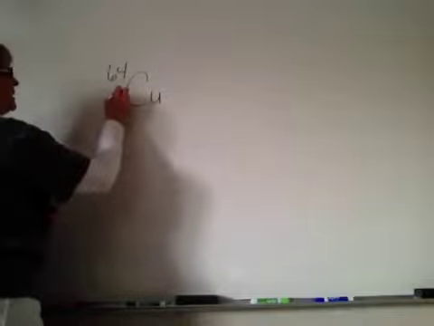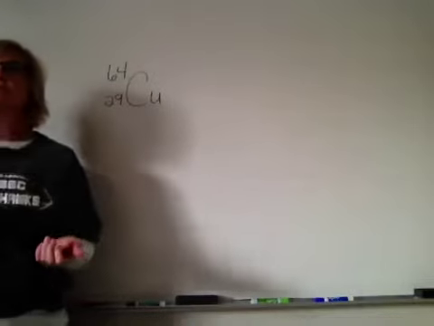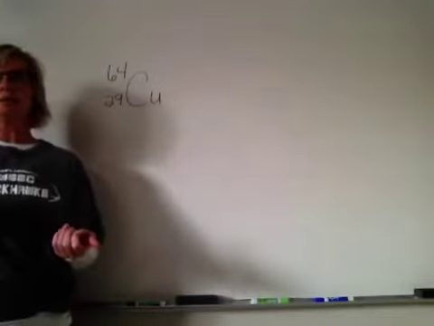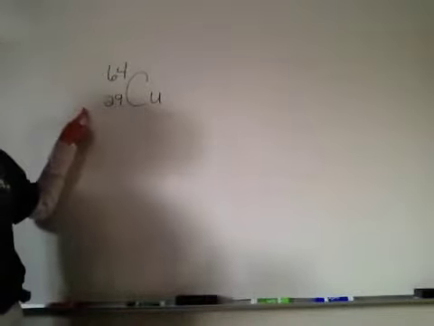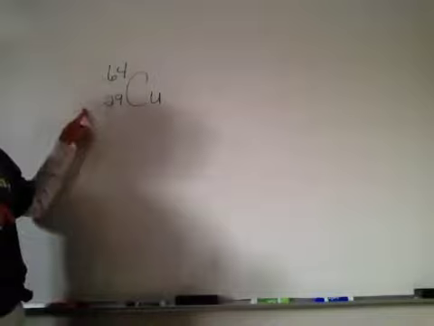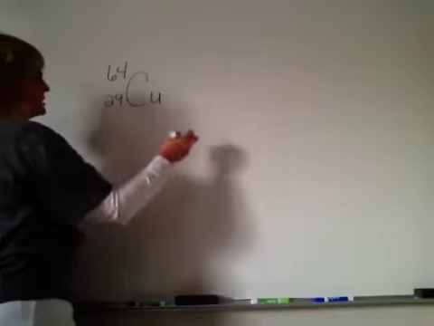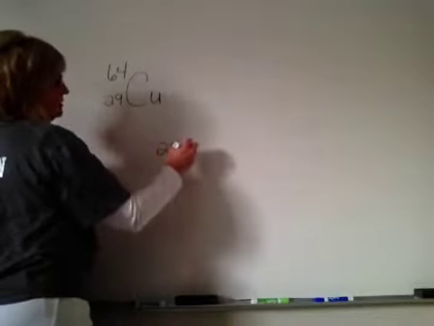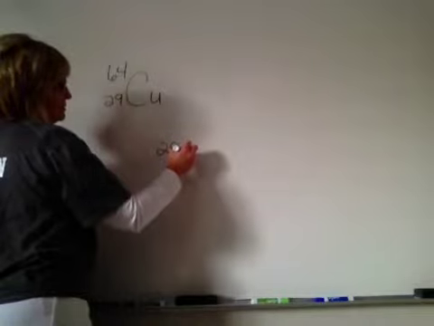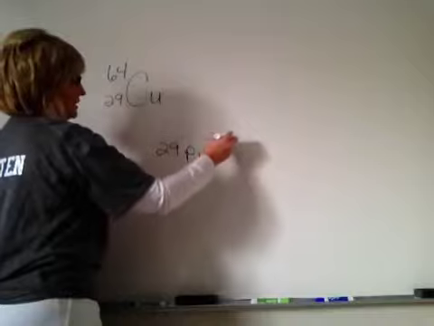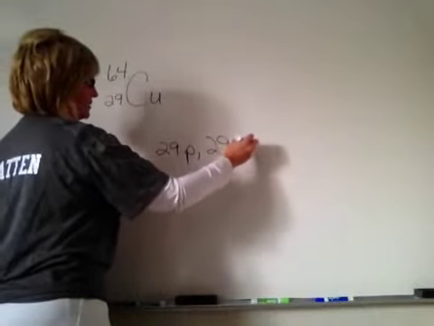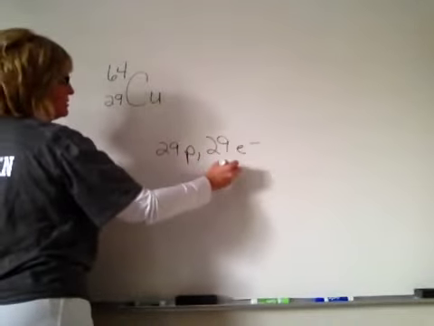And I don't know if this is the reason scientists set it up that way, but to me it makes sense because it's easier to subtract when I have mass on top of my atomic number. So the 29 tells me I have 29 protons, 29 electrons, and how many neutrons do I have?